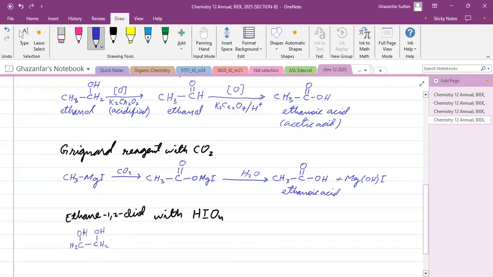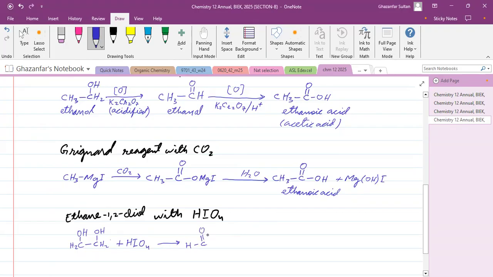So it is ethane 1,2-diol. And what happens when periodic acid reacts? It cleaves the molecule and produces 2 moles of methanal, formaldehyde.